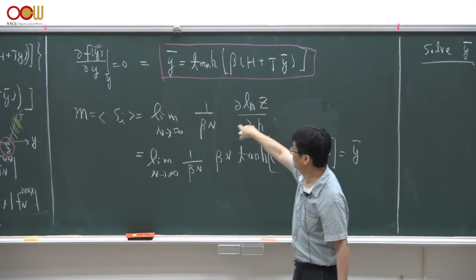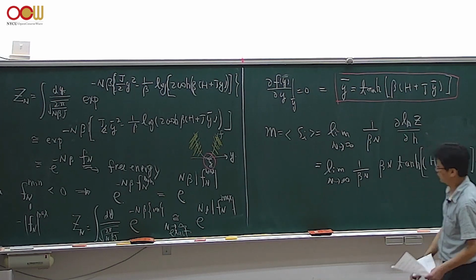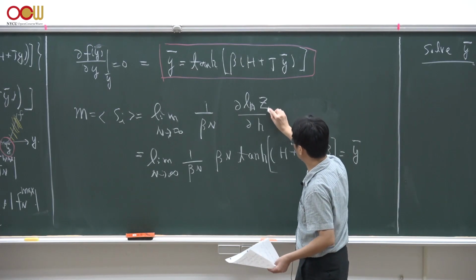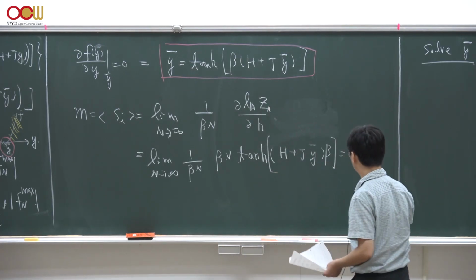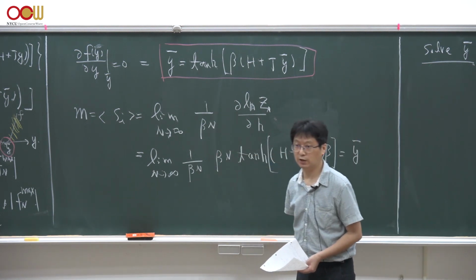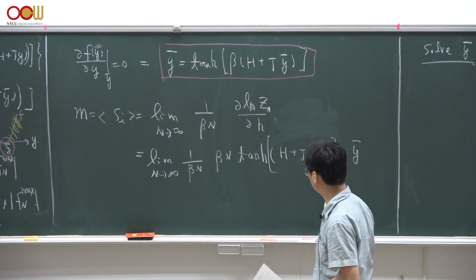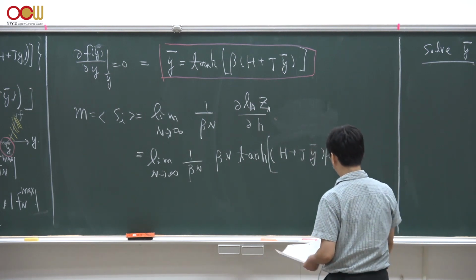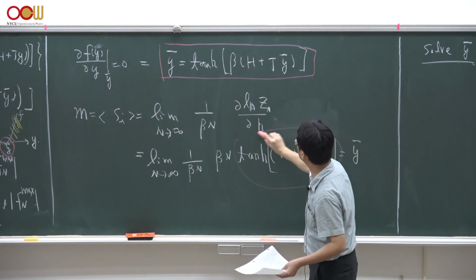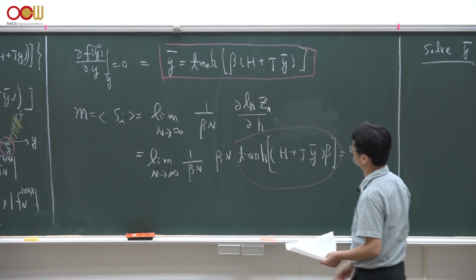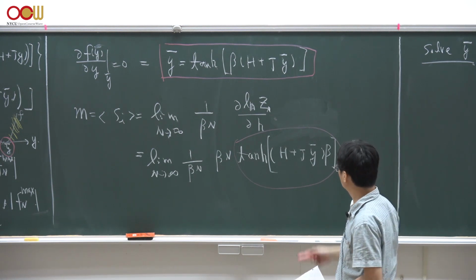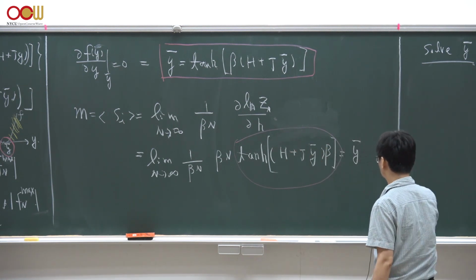If I simply use the saddle point expression for this partition function, then this is given by this hyperbolic tangent function times beta n, but you need to divide by another beta n. Therefore you get this hyperbolic tangent function, and if you really want to solve for this y bar, this has to be y bar. So this is y bar.